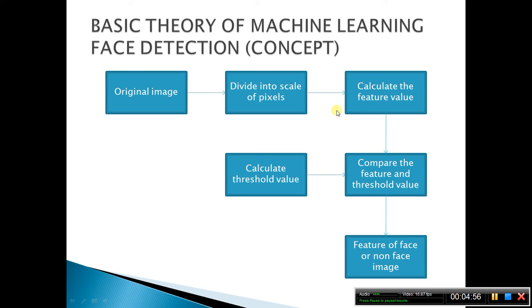After that, using some algorithms, the grid will calculate its feature values and the threshold value of images. The two values will be explained next. From this calculation, the computer will be able to decide whether the image is a face or not.